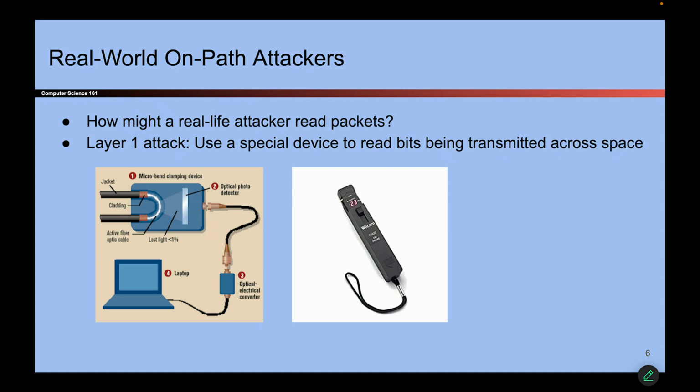So for example, and you don't have to remember these details, this is why we chose to model an on-path attacker, because in real life, there are some devices out there that you can use to snoop and see what packets are being sent on a wire. So I don't know how these work either, really, but you can imagine having some sort of device, and you clamp it on a wire, and it can read the voltage levels and tell you what data is being sent over the wire. So this is an example of someone who might be an on-path attacker. That's why we chose the model that we did.